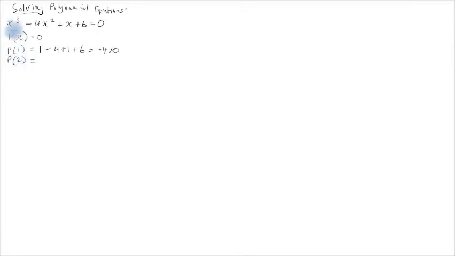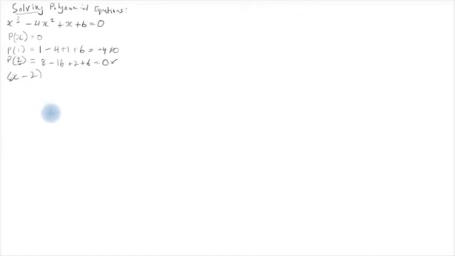So 2 cubed is 8. 4 times 2 squared, that's 4 times 4, which is 16, plus 2 plus 6. 8 minus 16, that's minus 8, plus 2, that's minus 6, plus 6. That does equal 0, which is very good. That's a tick. So we're going to divide this by x minus 2, because 2 is what we had here, and that is our factor theorem working for us there.